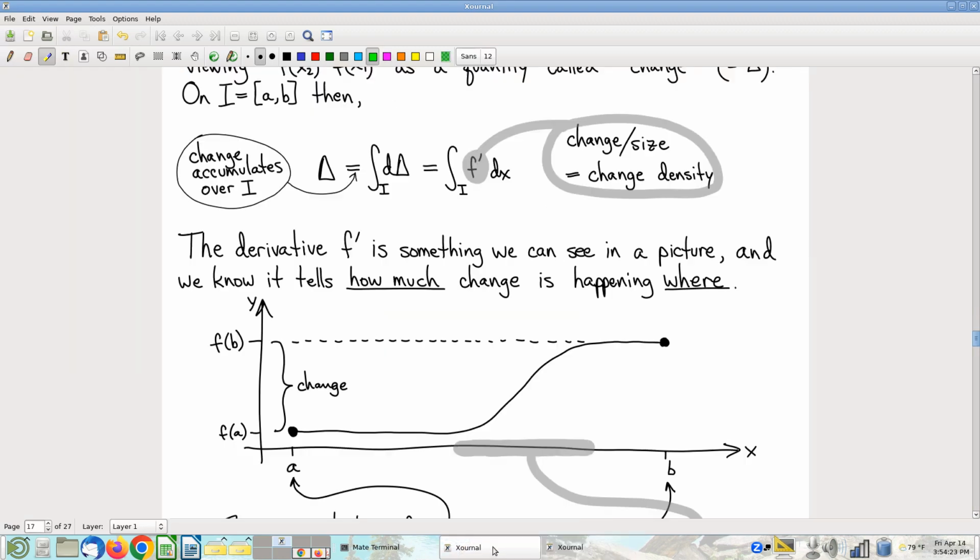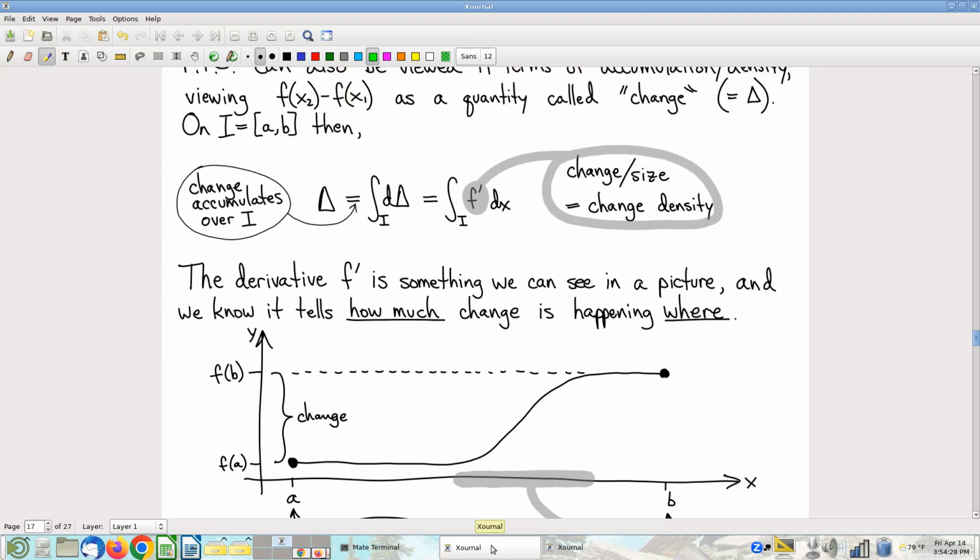Now let me remind you, back in chapter 6, I did this little aside where I pointed out that you can think of the fundamental theorem of calculus as an accumulation theorem. Change accumulates. The whole is the sum of the parts. And as such, as I recently referenced, you can think of the derivative as being change density. It is a corresponding density.